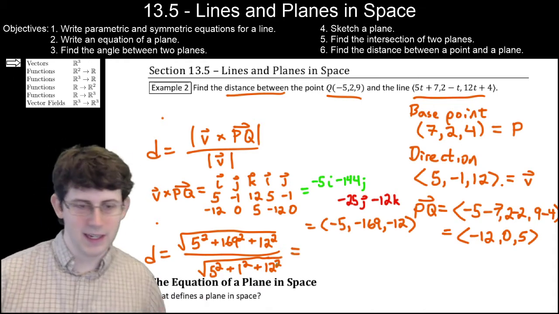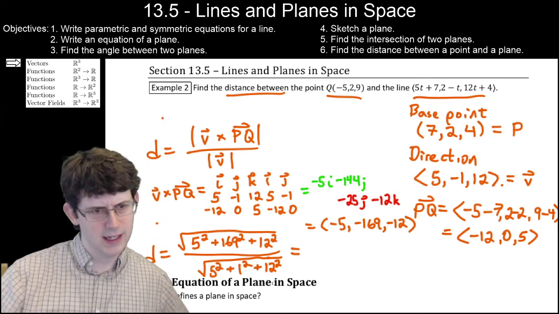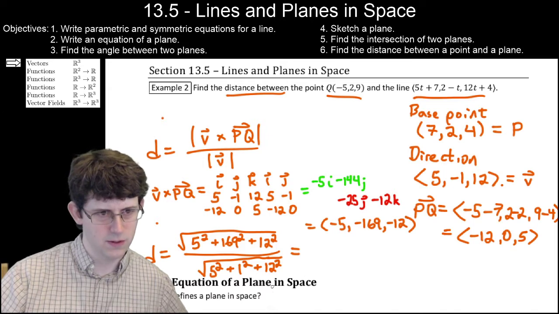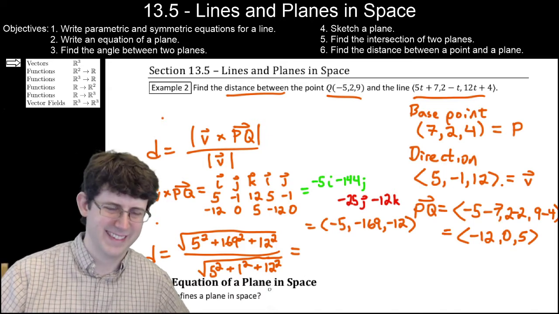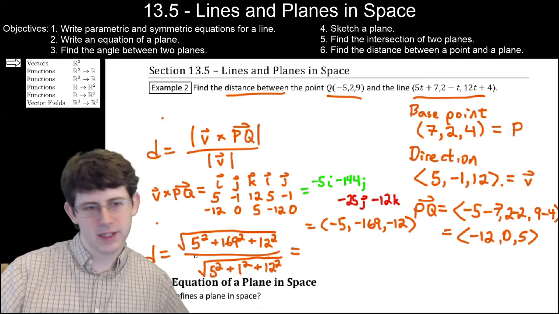I don't have any way to do this in my head, and I don't know any trick to do this. Oh, I do. Okay, I think you should probably just put this in a calculator.